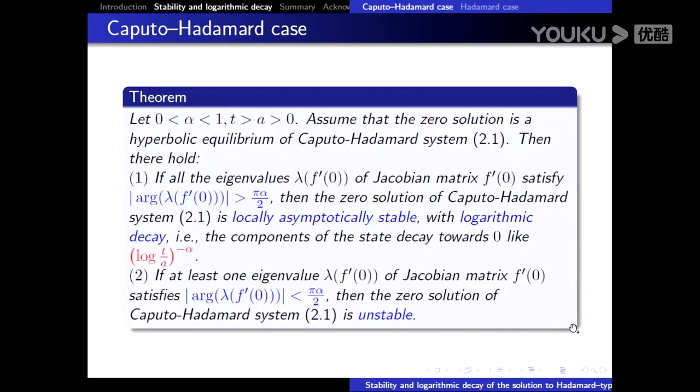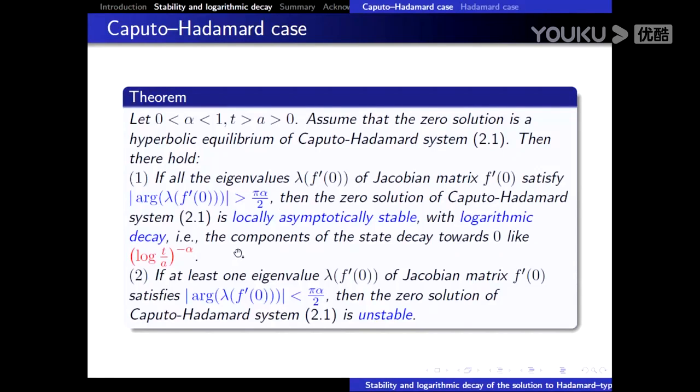Now we show the stability theorem. For the capital Hadamard system 2.9, if all eigenvalues of the Jacobian matrix F'(0) satisfy this, then the zero solution of the capital Hadamard system is locally asymptotically stable with logarithmic decay.